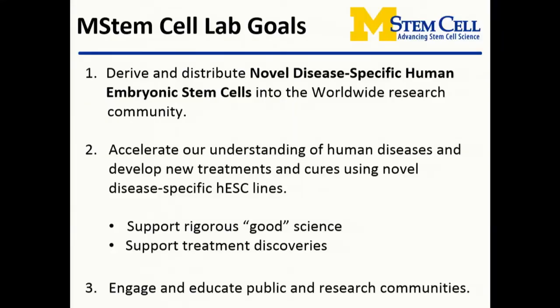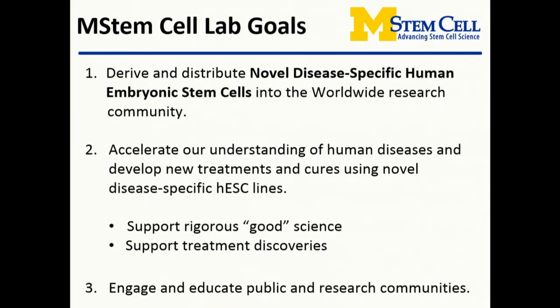So our goals are to derive novel disease-specific human embryonic stem cells and get them out into the worldwide research community to accelerate our understanding of human diseases and to develop new treatments and cures for these diseases using these novel disease-specific human embryonic stem cell lines.